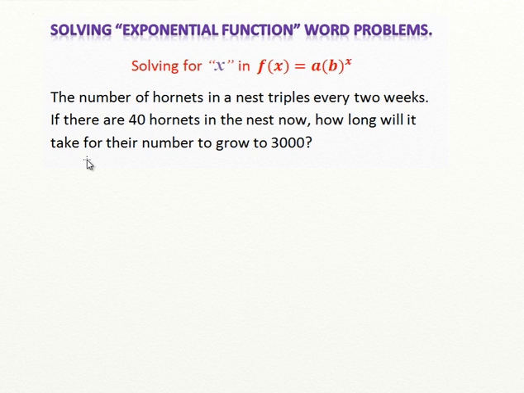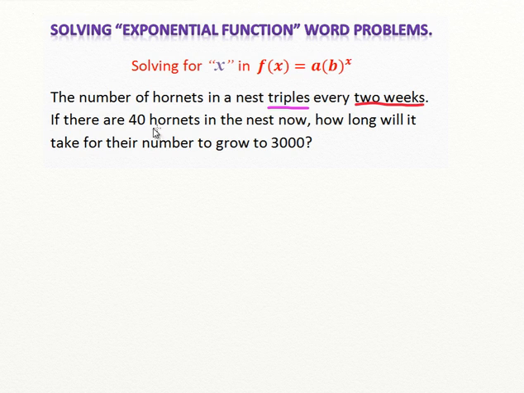Instead, the problem indicates that the number of hornets in a nest triples, so that's a key word. And triples how often? Triples every 2 weeks. We are told the initial number of hornets in the nest is 40, and they are interested in how long it will take for their number to grow to 3,000.